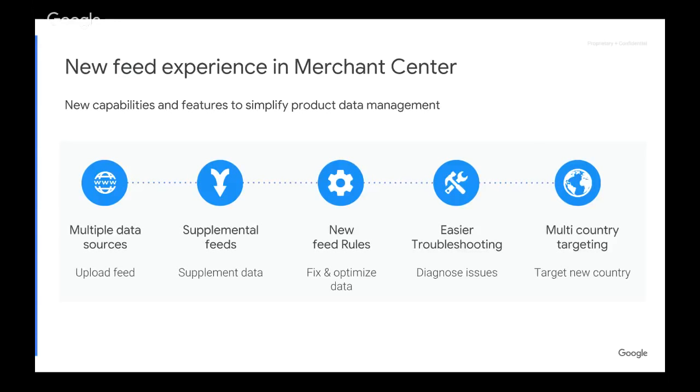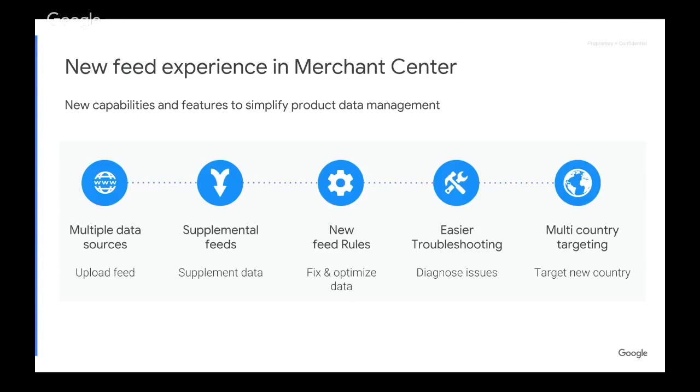First of all, it's now possible to create product data with multiple data sources. Before, it used to be only possible to use one single feed or data source to create product data for a particular country or language.